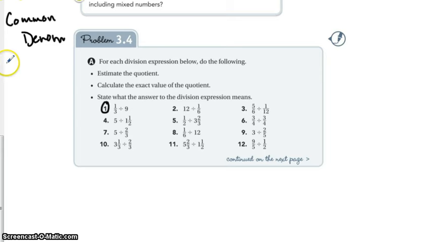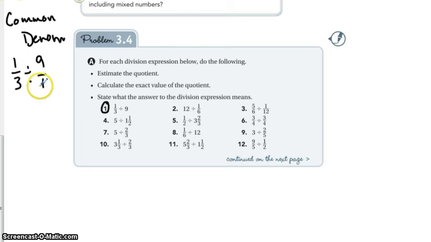So first things first, we rewrite any mixed number as an improper fraction. We don't have any of those. And then the next thing would be to rewrite our whole numbers as improper fractions over 1. So 1/3 divided by 9 over 1. The next step would be to find a common denominator.